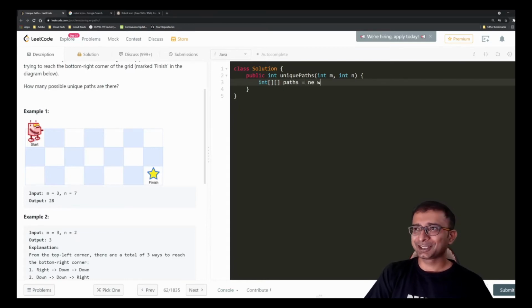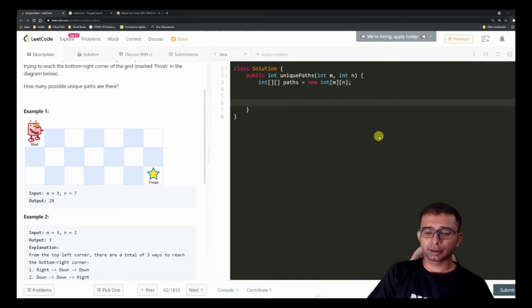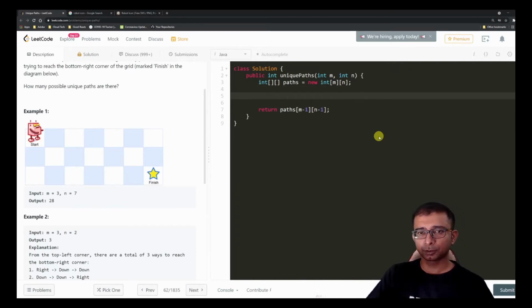We are going to create it with the size m and n, which is the input given to us, and we'll have our result stored in the bottom right cell of the array. So we'll have it at index m minus 1, n minus 1, right? Because that's the last index in a two-dimensional matrix.